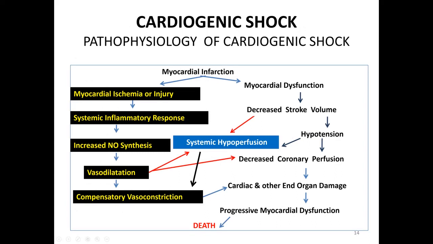Now, the pathophysiology of cardiogenic shock, flowchart. There is myocardial infarction. Now we follow it in the black boxes. There is myocardial ischemia or injury.